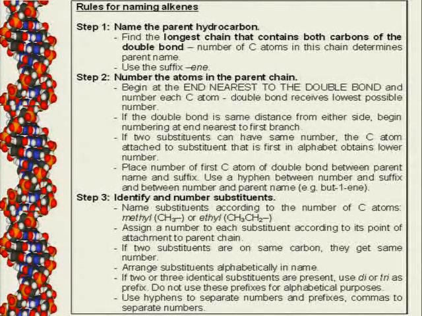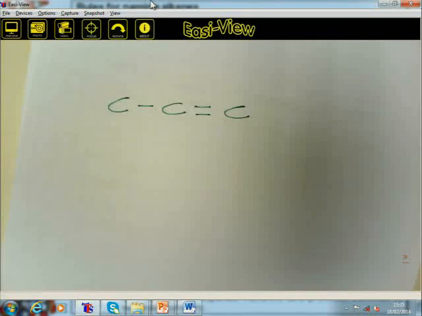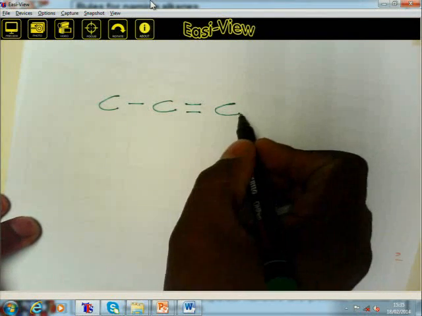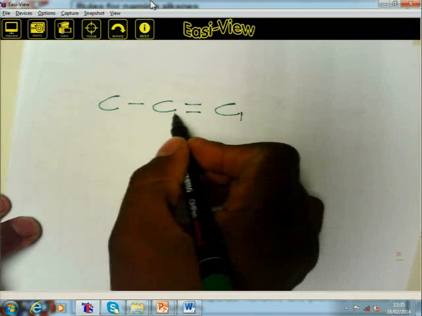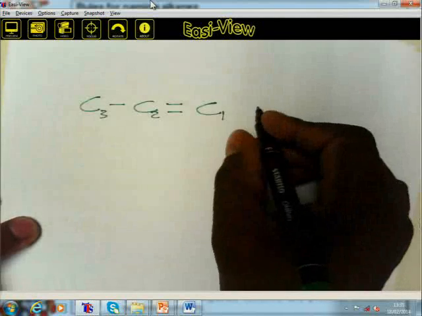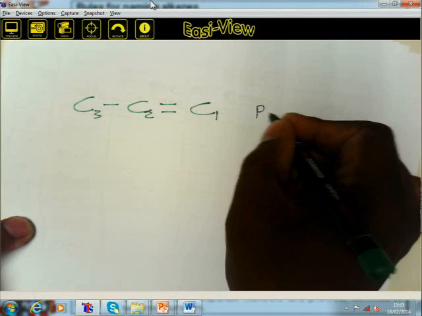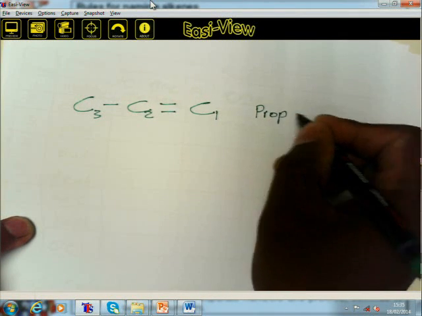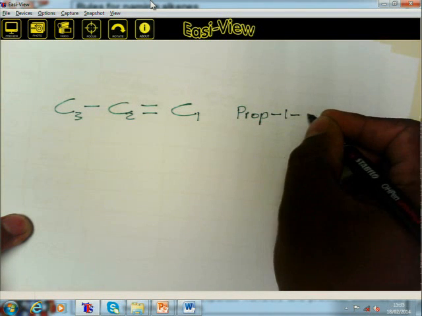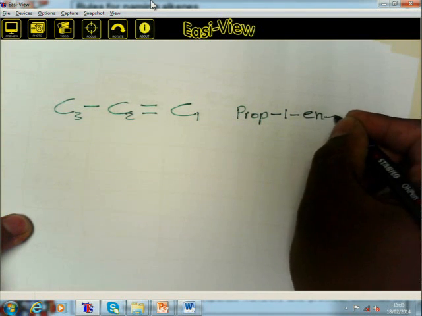Okay, so let's see this one. If I number it from this side, I'll have 1, 2, 3. So the name of this one will be prop. After carbon number 1, I've got a double bond, which is ene.